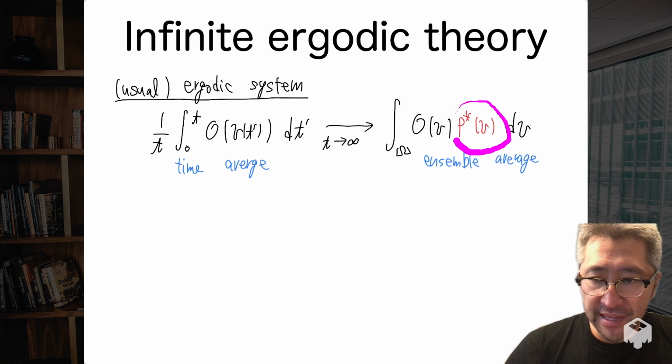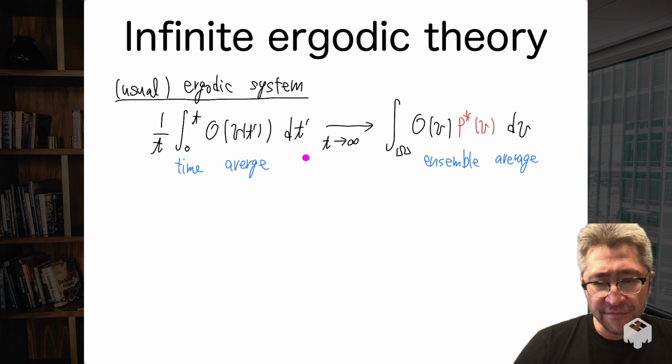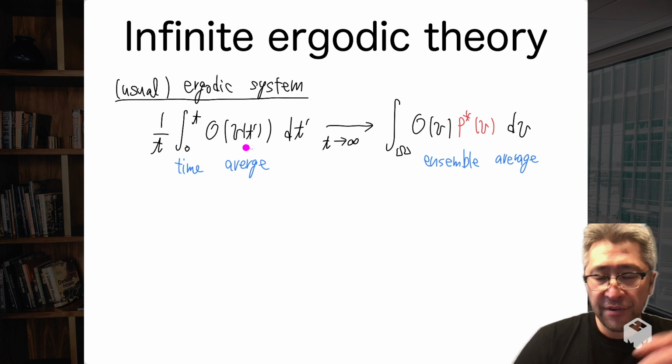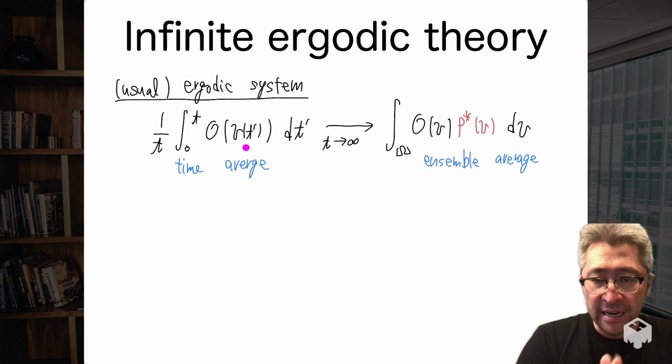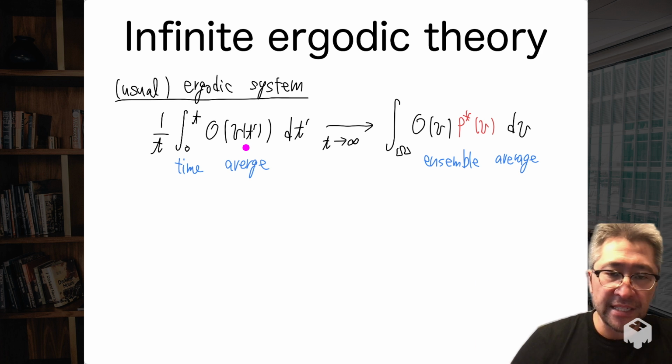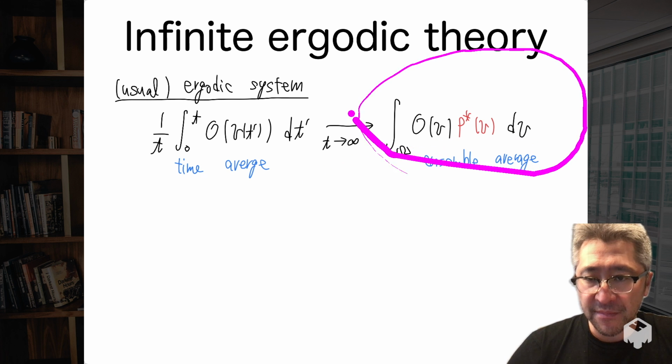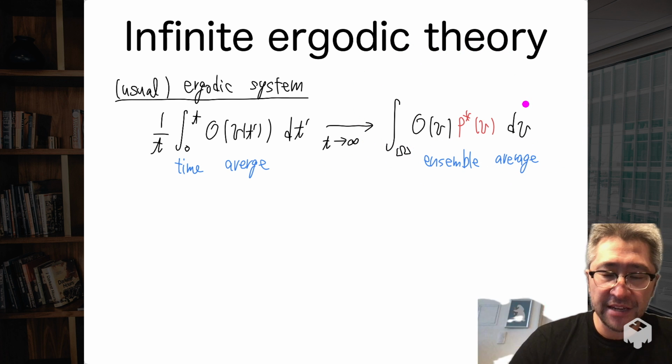So this is a probability density function. The time average is a functional of the trajectory. So if you fix this trajectory, the time average is determined. However, you have also another trajectory, so there's another time average. However, in the long time limit, these time averages are the same as this ensemble average. So this is an ergodic system.